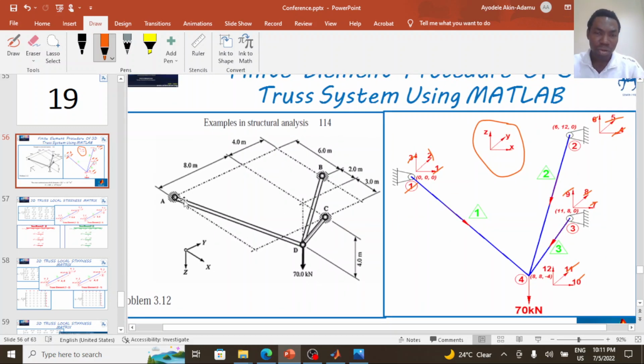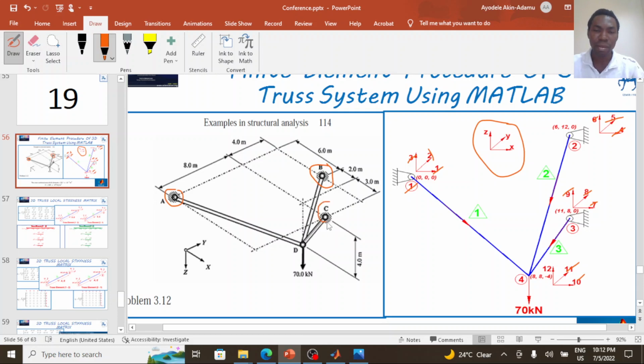Like I chose node A as my 0, 0 coordinate because I can easily determine the coordinate of other node points.